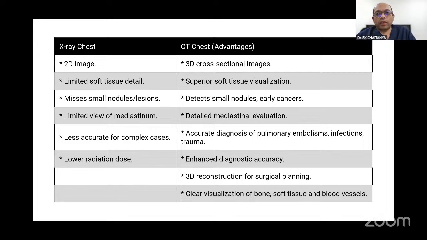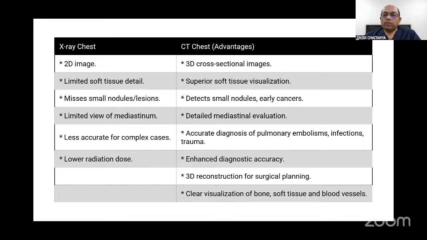It is less accurate in complex cases, but the advantages are that it can be done with very low radiation exposure, and it can be done at the bedside. So the ease of doing it is so high. That's the reason why we depend more on X-ray chest.